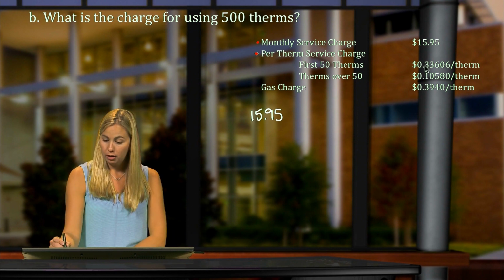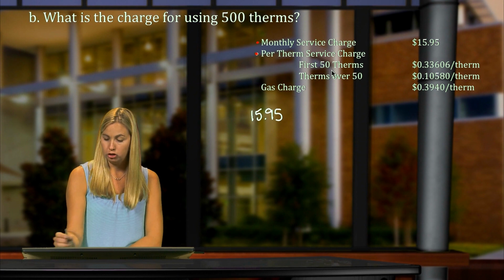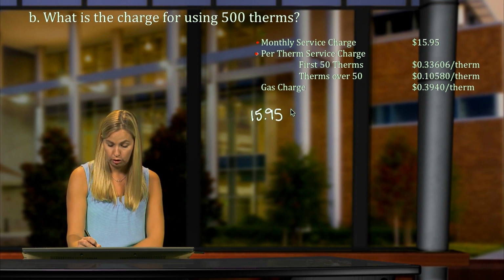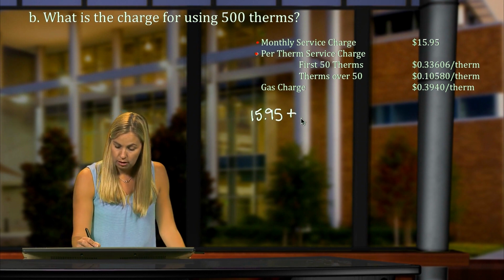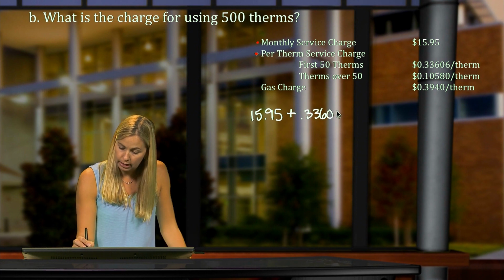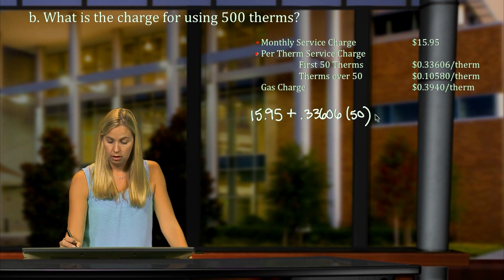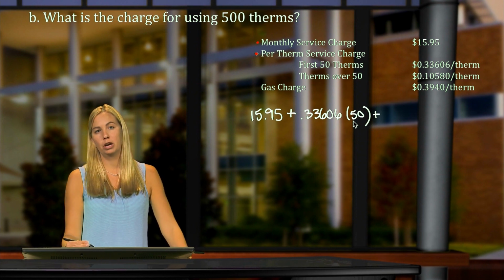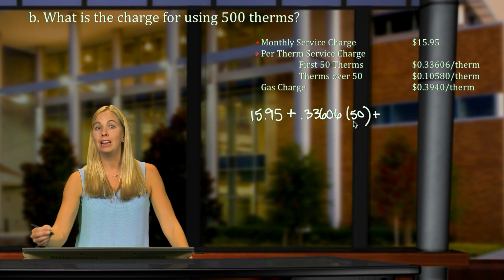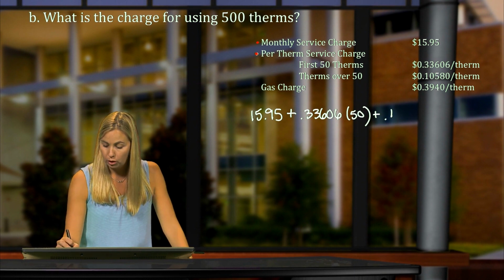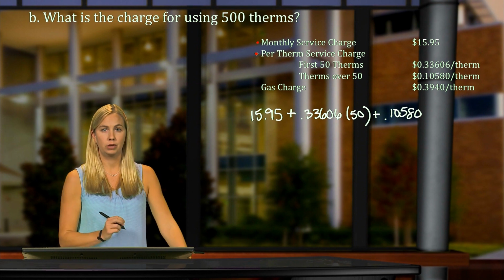So we've got 50 therms charged at 34 cents per therm, so we've got 0.33606 times our first 50 therms. And then the rest are what we're going to get discounted. How many do we have left that we're going to multiply by this 11 cent rate?